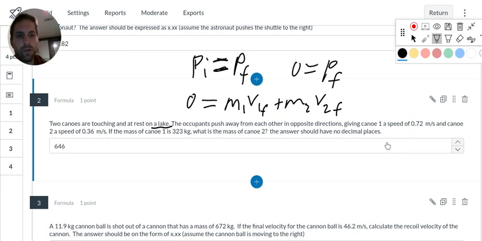And now I'll put in my values. So canoe 1 has the speed of 0.72, V1 final. Canoe 2 has the speed V2 final, and they're going in opposite directions. I have to choose positive, negative. I'll go ahead and choose 2 as the negative. I could choose the other one as a negative also, though it won't matter. Mass canoe 1, so M1, is that. We don't know M2.